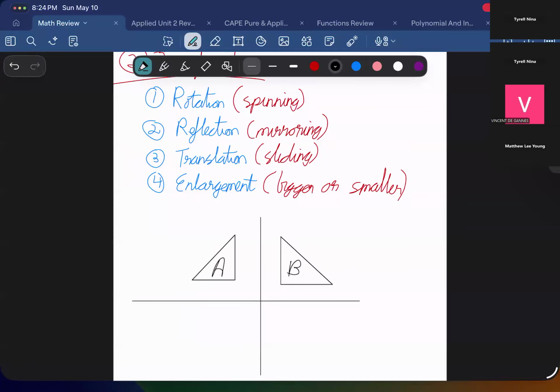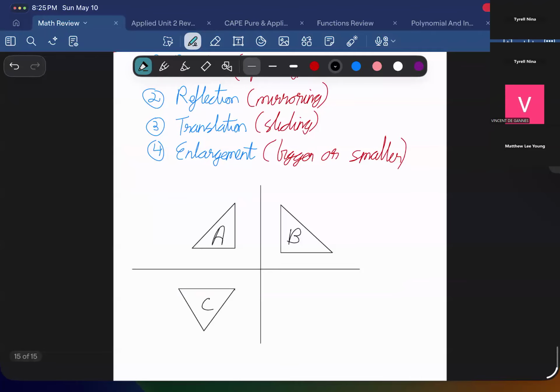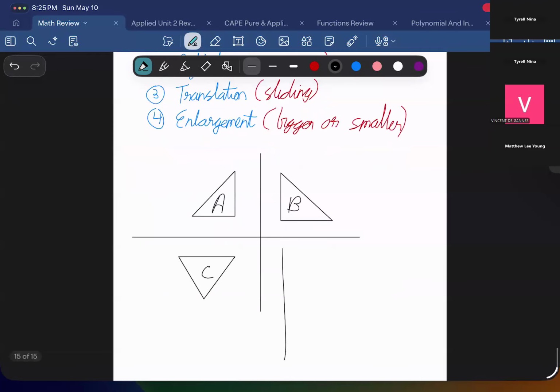Then we have C, and then we have, yeah, bigger or smaller.